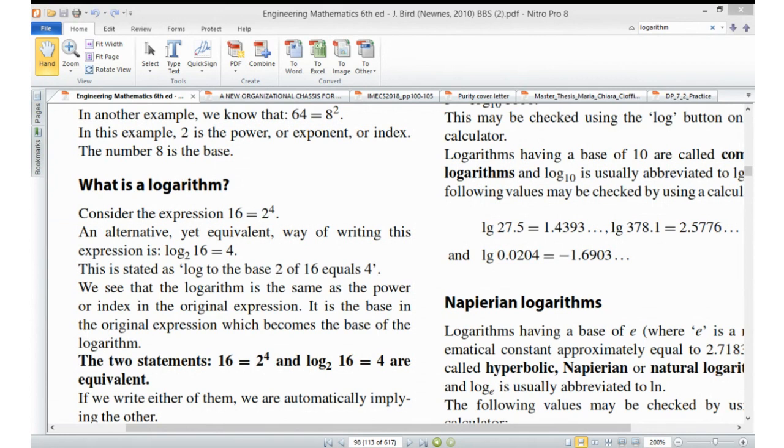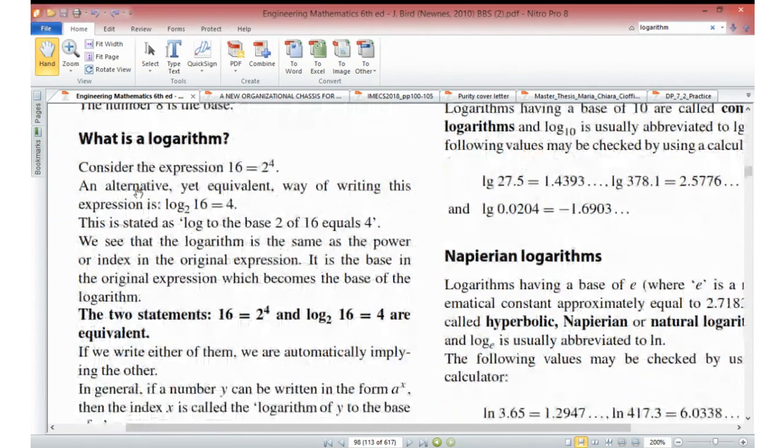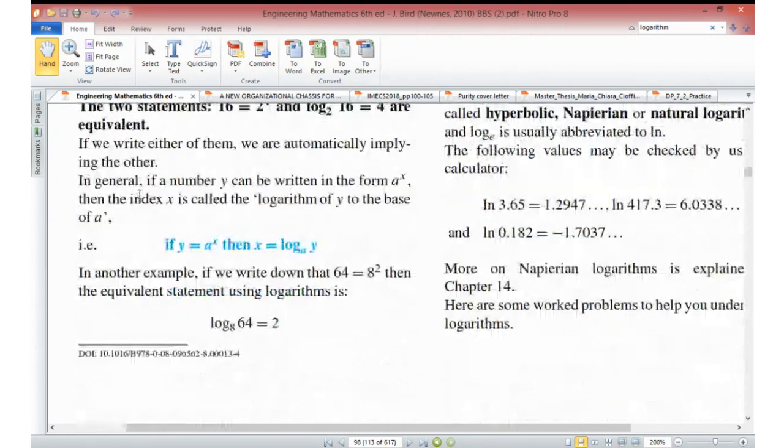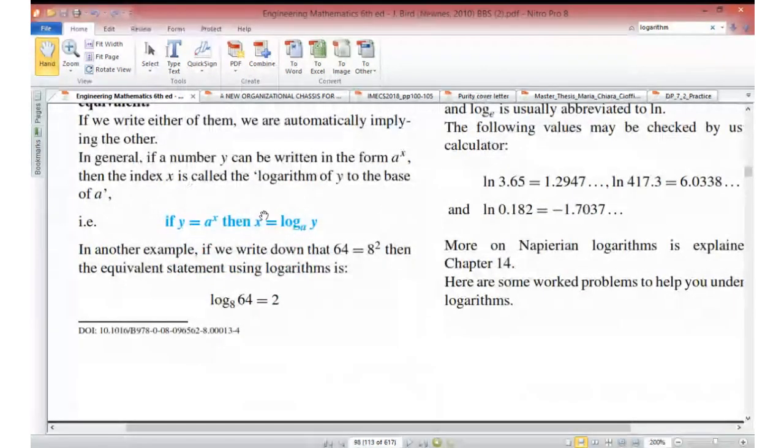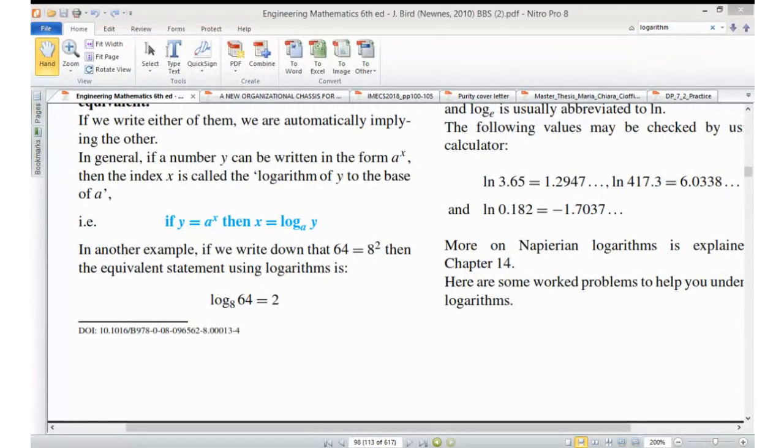The difference is that one has been expressed in log form, and the other has been expressed in index form. That's how we're going to express our log. Once you understand the concept of indices, understanding the concept of logs is going to be quite an easy process.